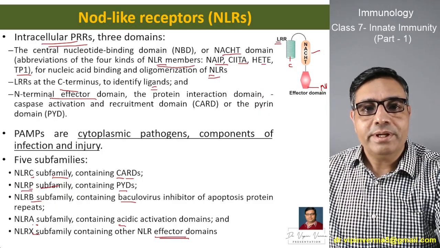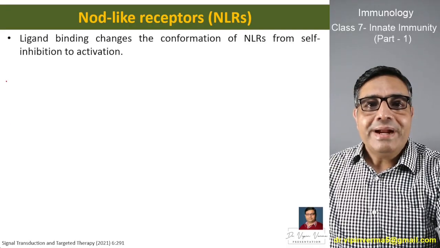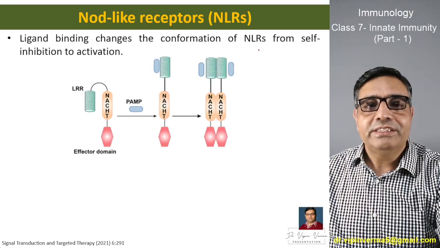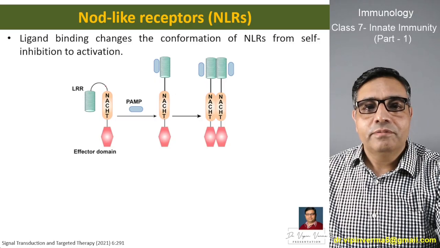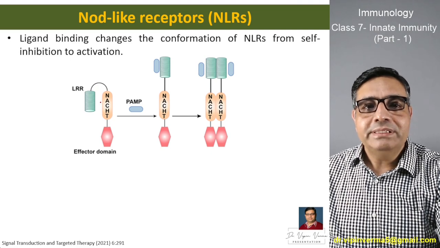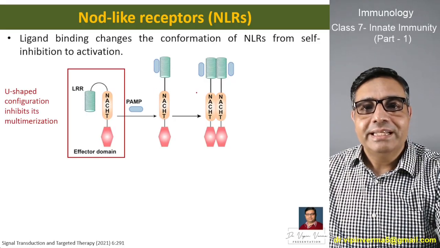Ligand binding changes the conformation of NLRs from self inhibition to activation. Their conformation is in an inhibition mode, and once the PAMP binds to the LRR, it immediately gets activated and dimerization happens.